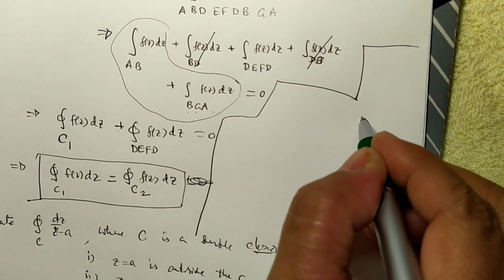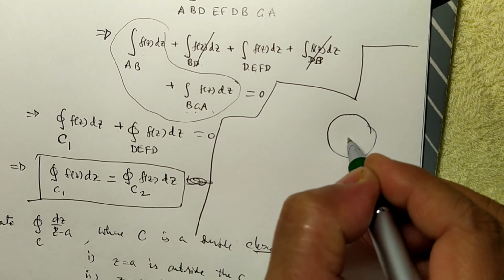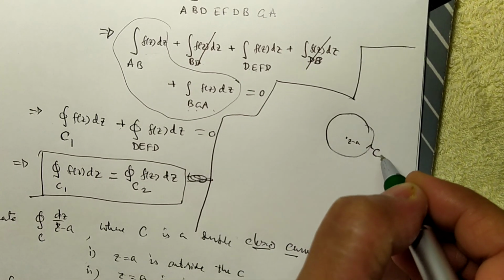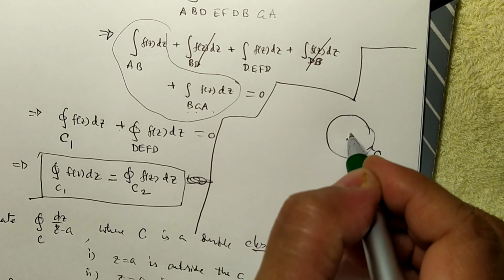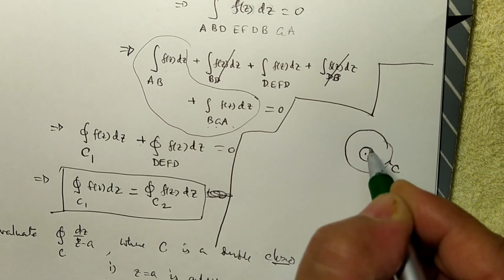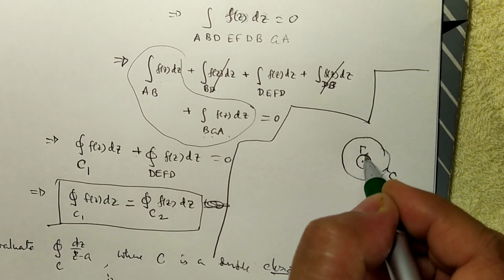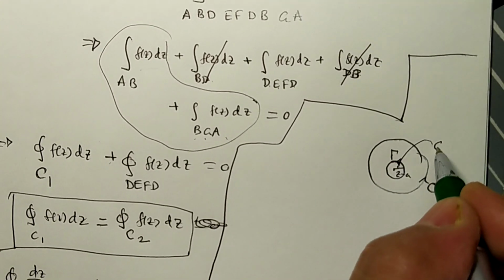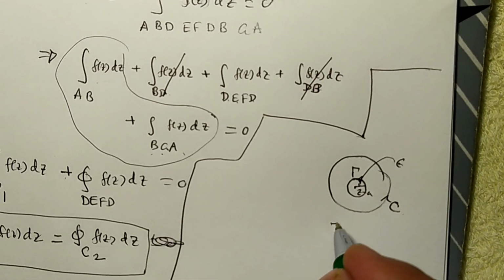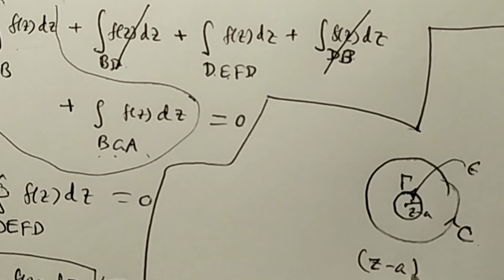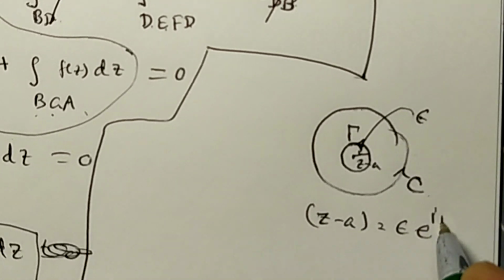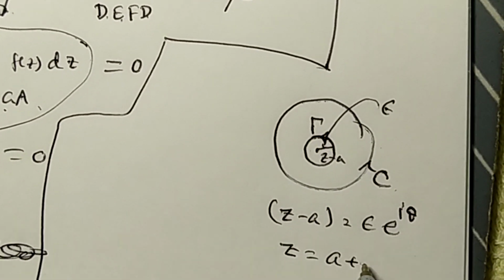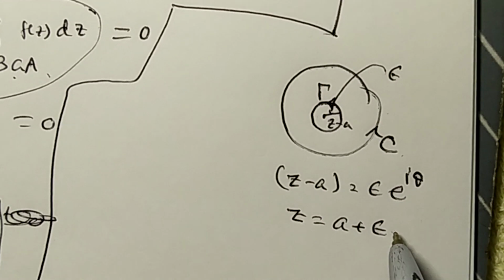Now suppose the same region, but here is z equals a, so this is your circle C. Now what I do, I consider a circle, say I give the name tau, with a radius say epsilon. Then z minus a equals epsilon e to the power i theta, then z equals a plus epsilon e to the power i theta, where epsilon is pretty small.